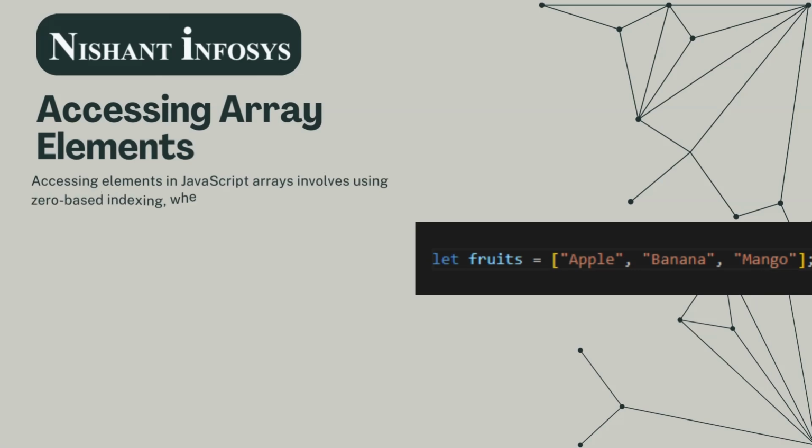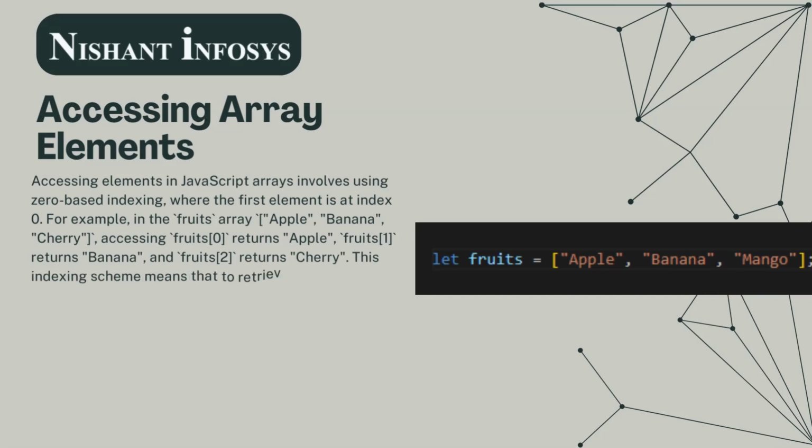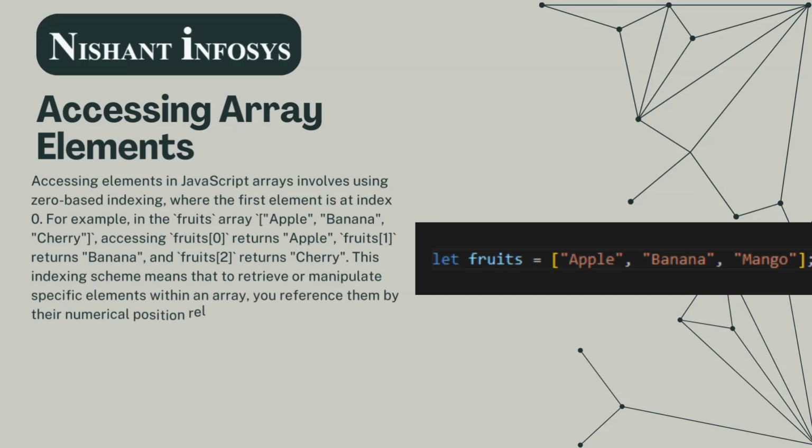Accessing elements in JavaScript arrays involves using zero-based indexing, where the first element is at index 0. For example, in the fruits array, apple, banana, cherry, accessing fruits[0] returns apple, fruits[1] returns banana, and fruits[2] returns cherry.